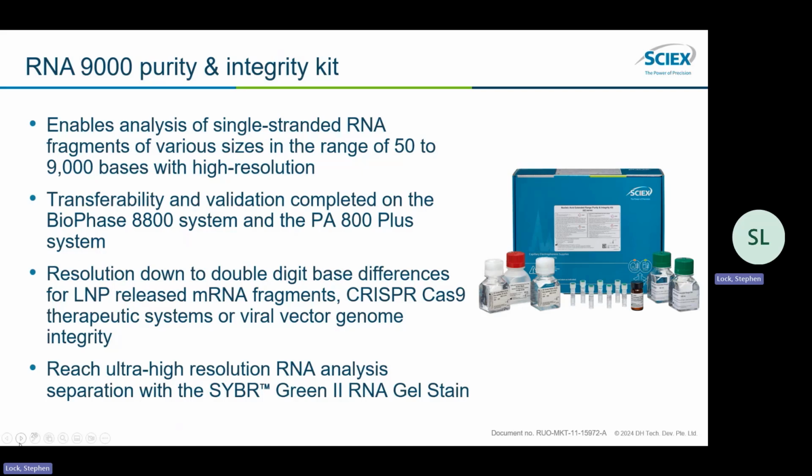So it's not really designed to look at ASOs or siRNAs, the smaller ones, but to really look at guide RNA length up to messenger RNA sizes of thousands of bases. The RNA gel is transferable between a P800+ and a BioPhase system. And the resolution is down to double-digit base differences at the high end in mRNA fragment analysis, both for mRNA used in LNPs, or lipid nanoparticles, but also mRNA found in the CRISPR-Cas9 complex.